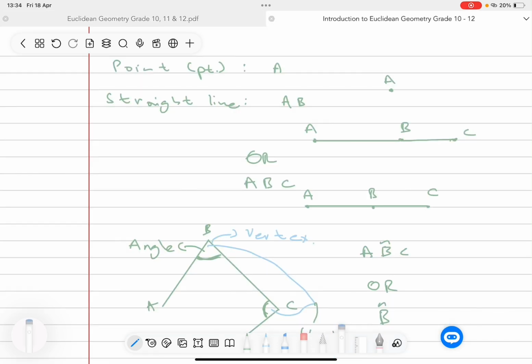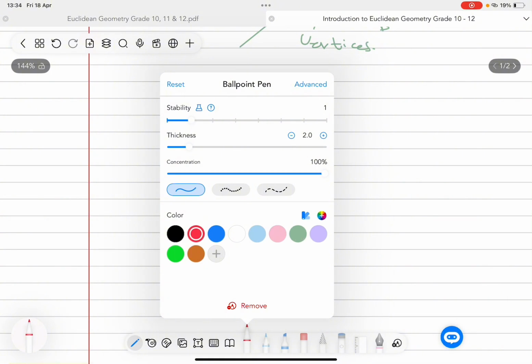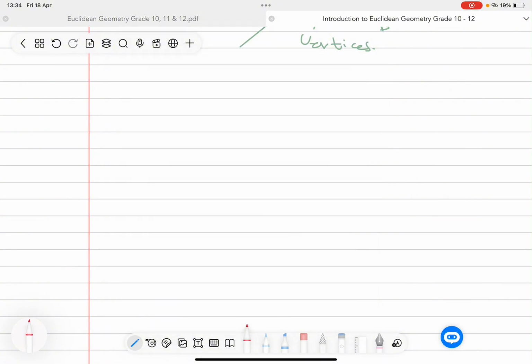Now, I just want to look at this theorem from a different direction, because remember, a theorem must have a logical structure. It must have reasoning in it. It must make sense.